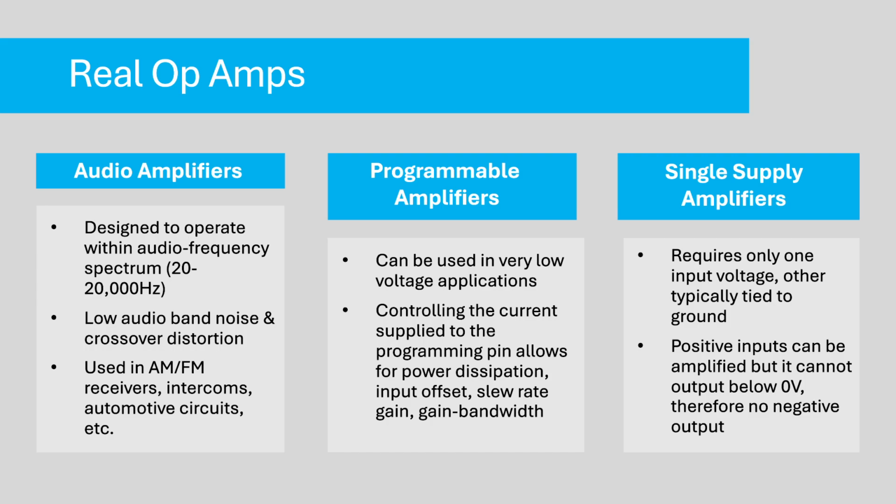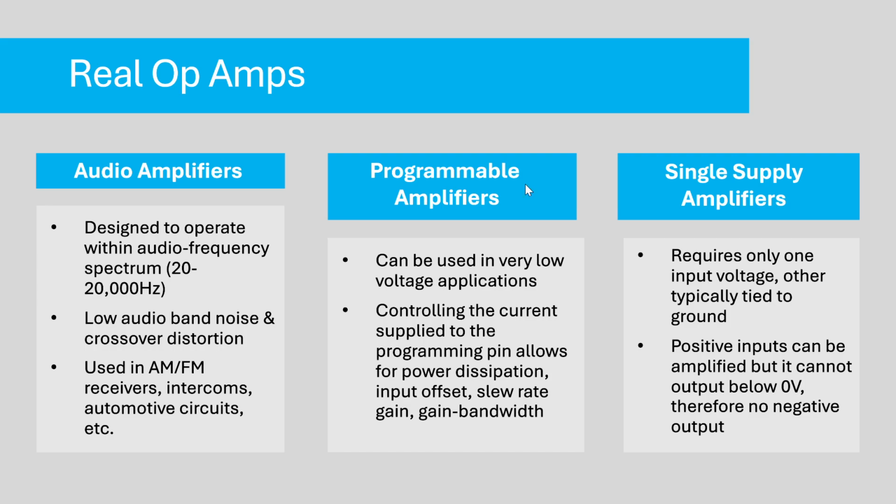You basically just want to take that signal, amplify it so it's louder or quieter, but leave the integrity of the signal alone. That's what these are key for as well. And as I mentioned before, these are common in AM/FM receivers, intercoms, auto circuits, basically anything where you're trying to take some sort of audio and send it through.